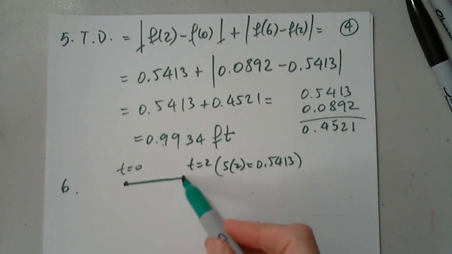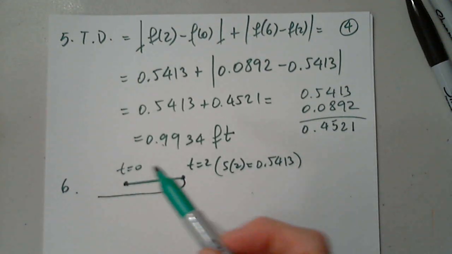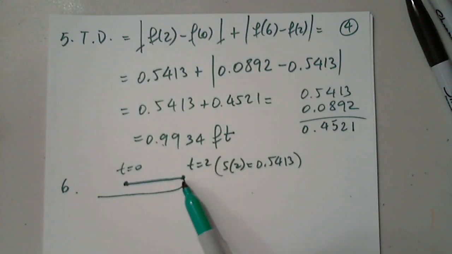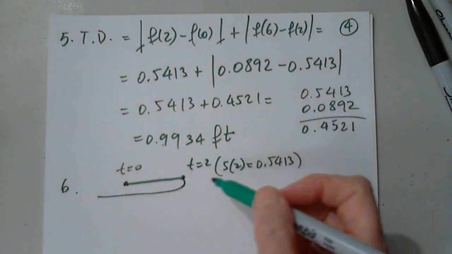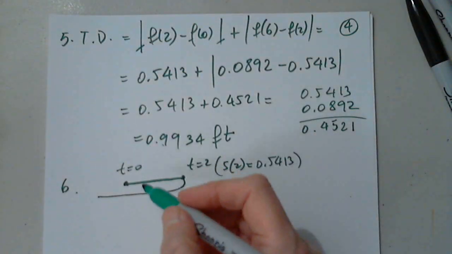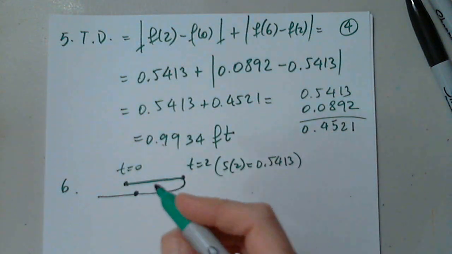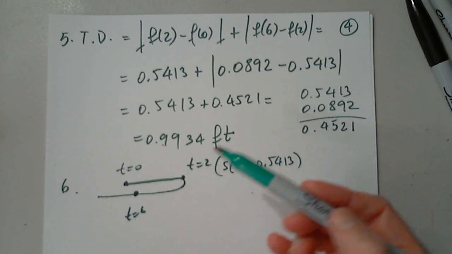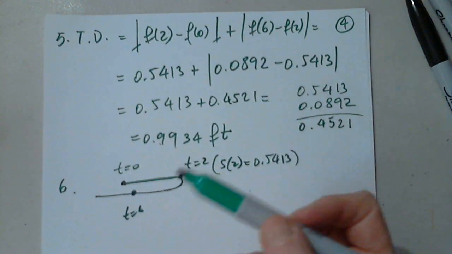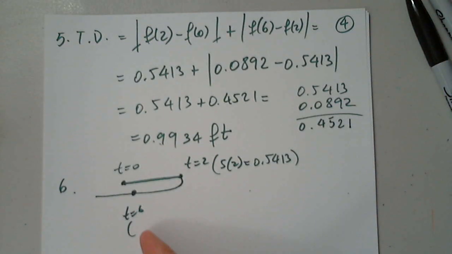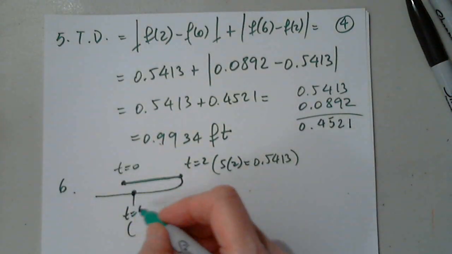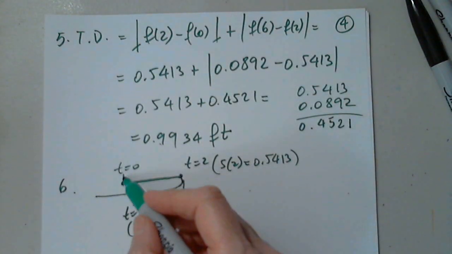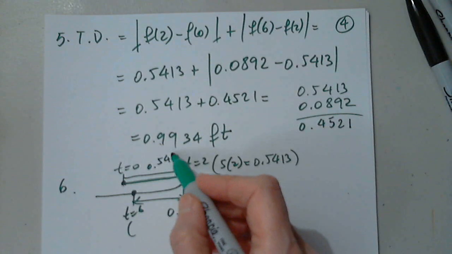and this is a little bit more than what, so it goes, this is 0.45, so it stops right here. So this is t equals 6, and it went this way, 0.4521. Okay, so this is not s of 6 now. So this distance is 0.4521, and this distance is 0.5413.